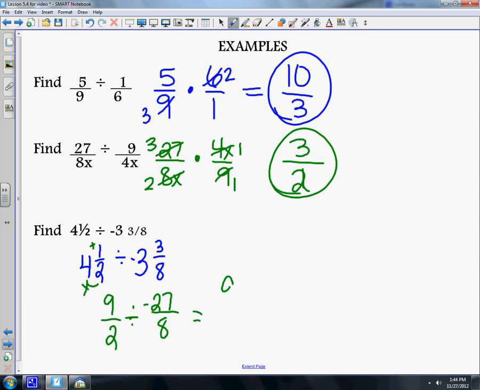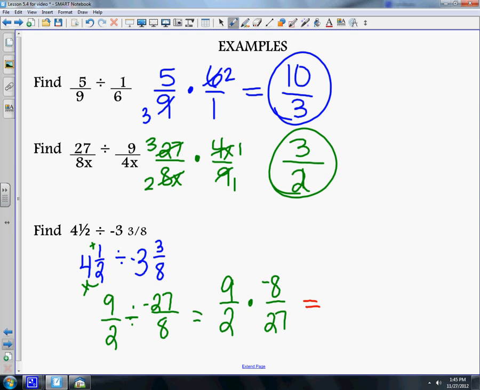So same, 9/2 is the same. Change the sign from division to multiplication, and then flip. So -8/27. I like to keep my negative sign on the top. It doesn't matter if you put it with the 27, you just can only have one, remember.